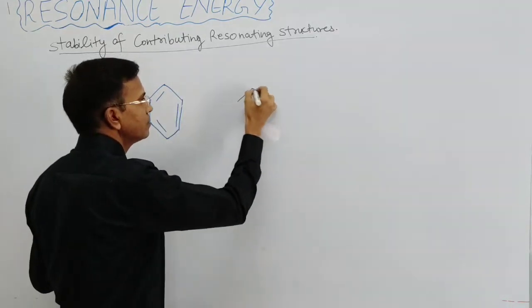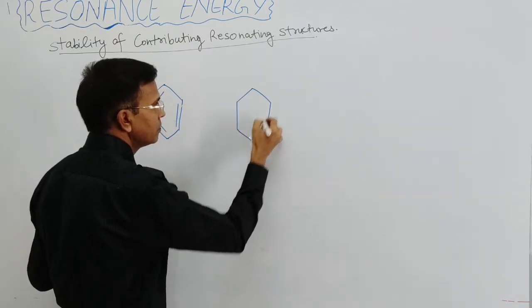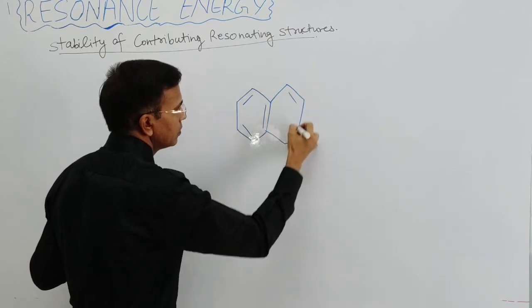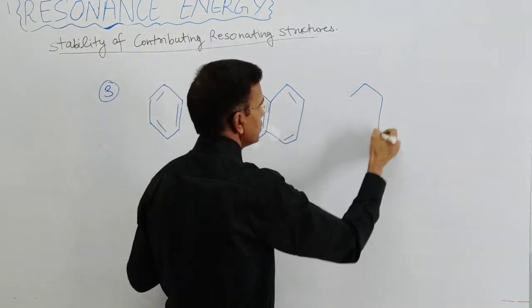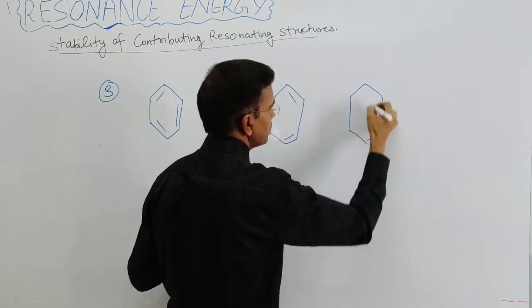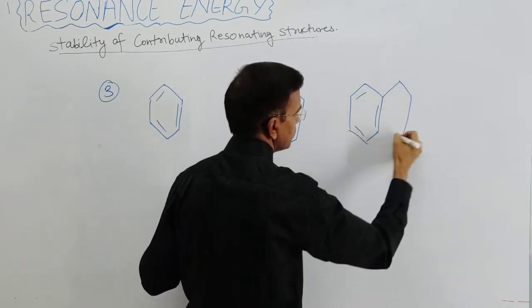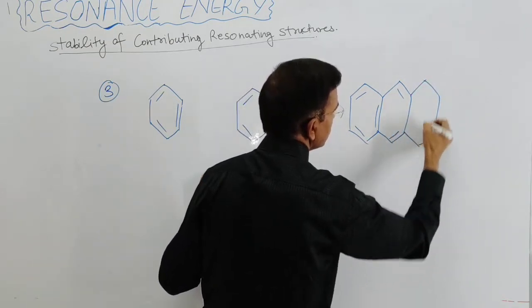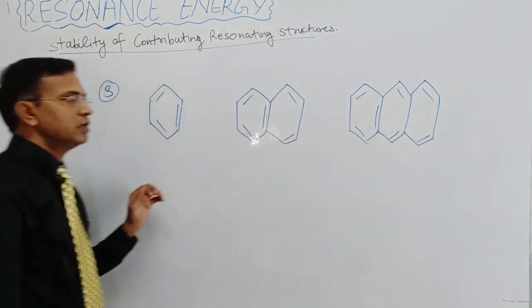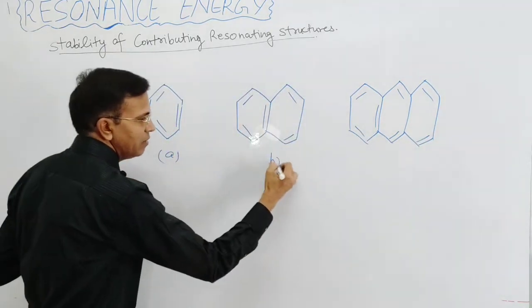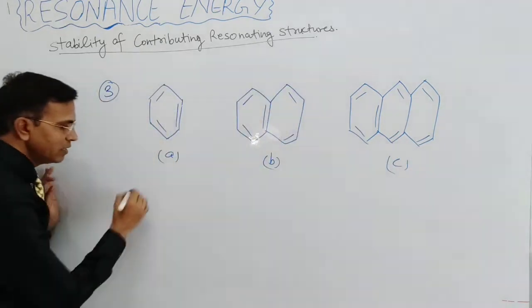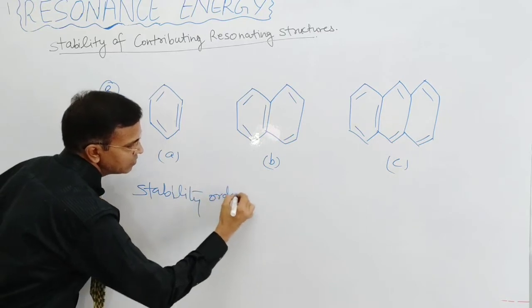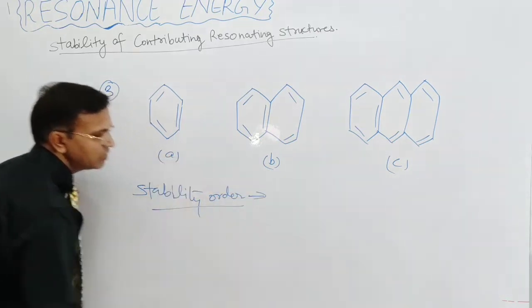Benzene, this, this. So beta, among these three A, B and C, what is the stability order? The stability order is defined by the resonance. More resonance, more stable.